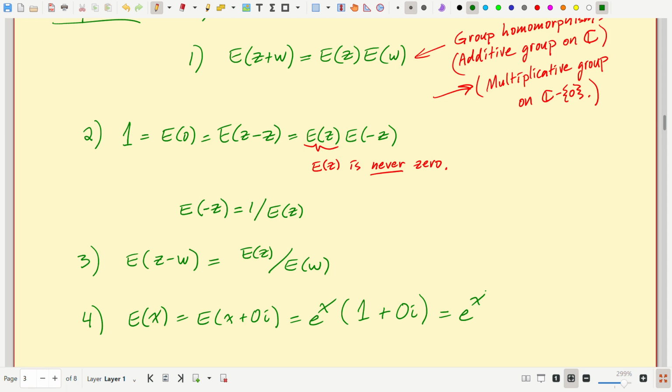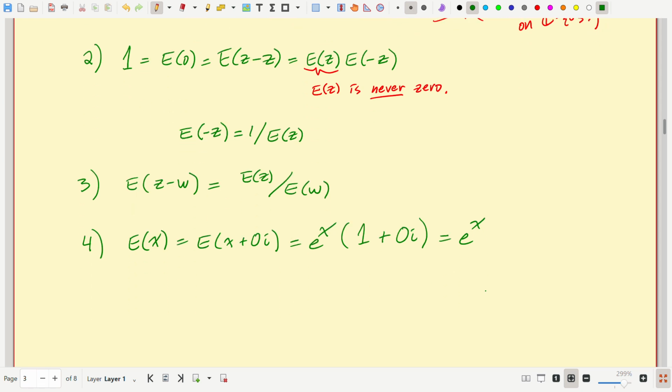This shows that e to the z extends the real version, e to the x, to the complex plane.